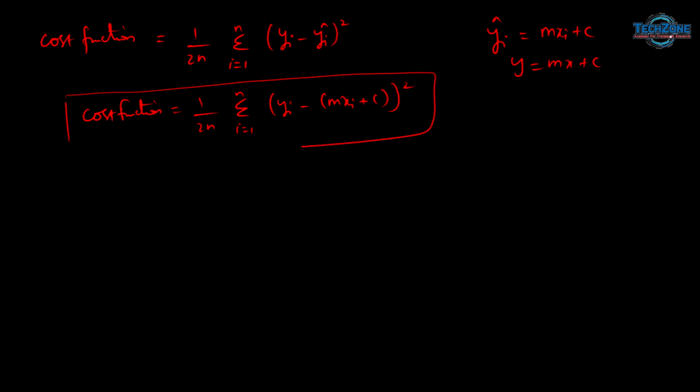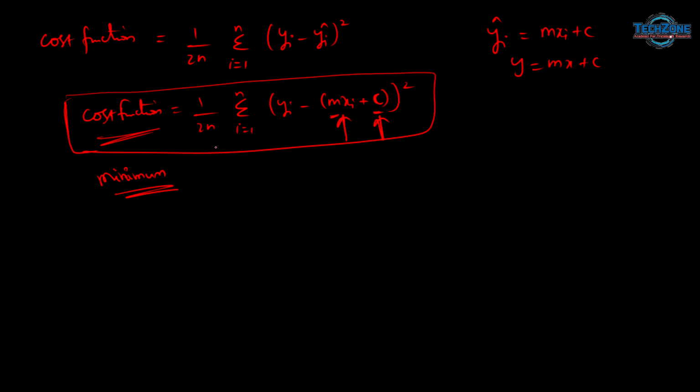So everything depends on m and c now. If we change the values of m and c, the value of cost function will change. So we need to find the values of m and c in such a way that this cost function should be minimum, should be the least.